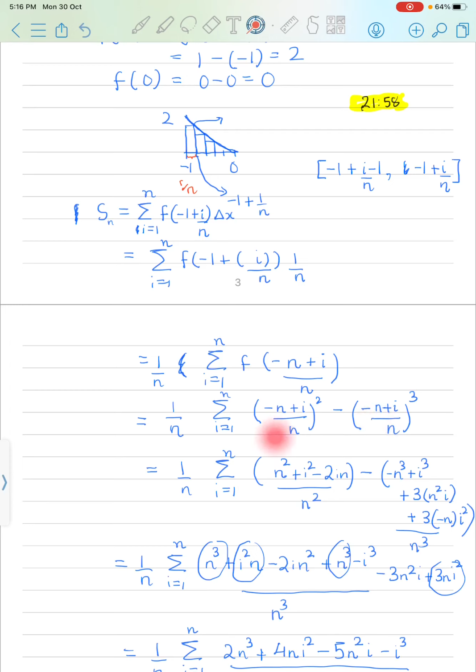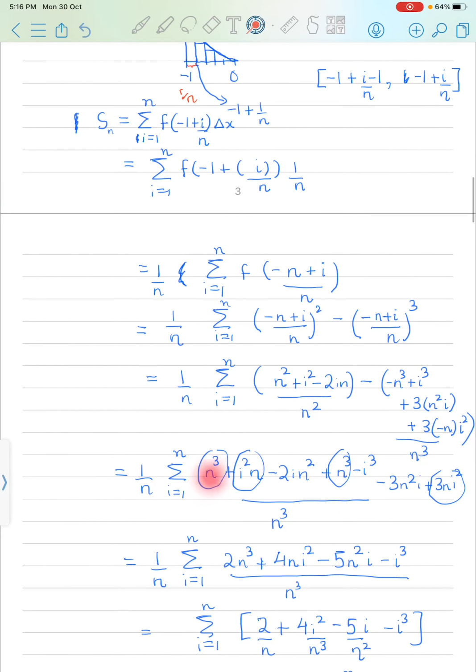Now if you square it, this will be n squared plus i squared minus 2in, over n squared. Now minus the cube, this is minus (n cubed plus i cubed plus 3n squared i plus 3n i squared... with signs) over n cubed. So I am taking the denominator n cubed common.